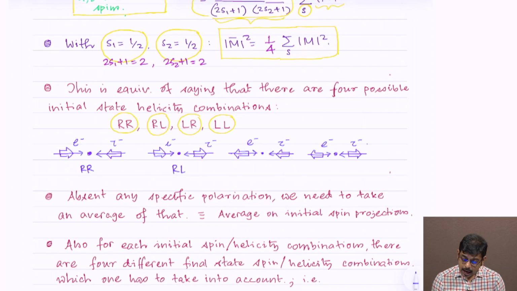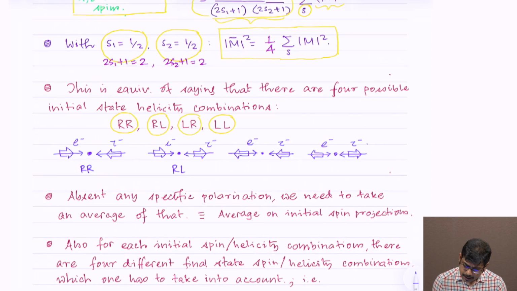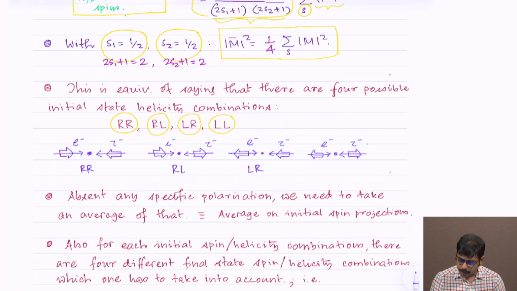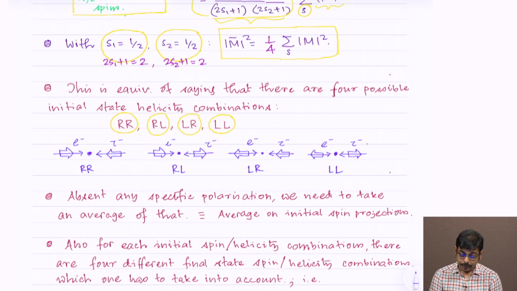You can have the electron left handed, with the spin aligned opposite to the momenta, but the tau right handed. Or you can have both spins projecting opposite to the incoming momenta, so both left handed. These are the combinations that we have.